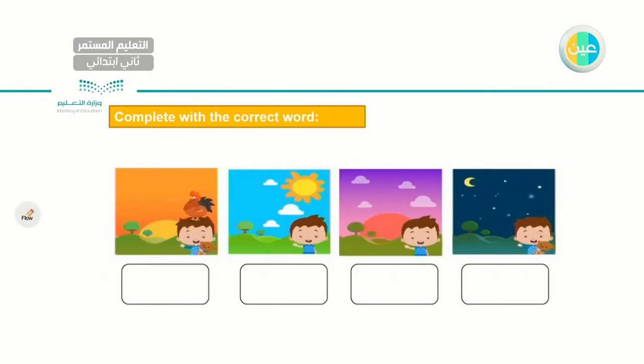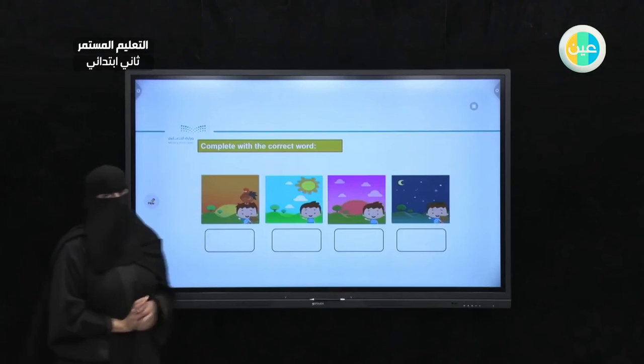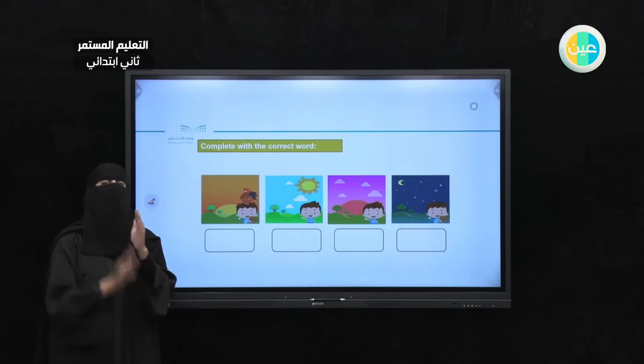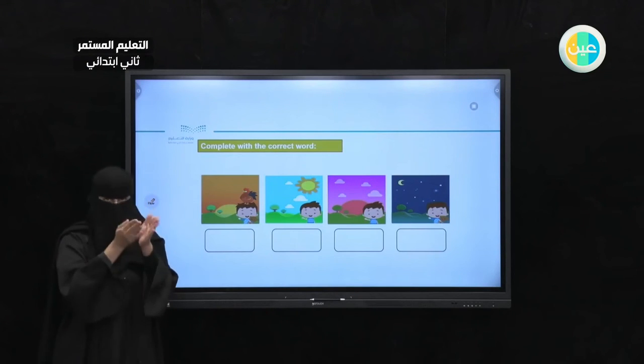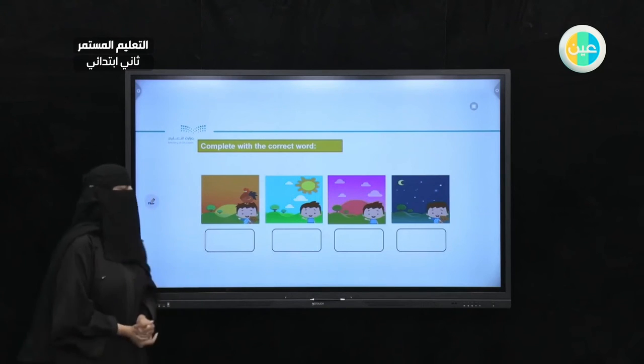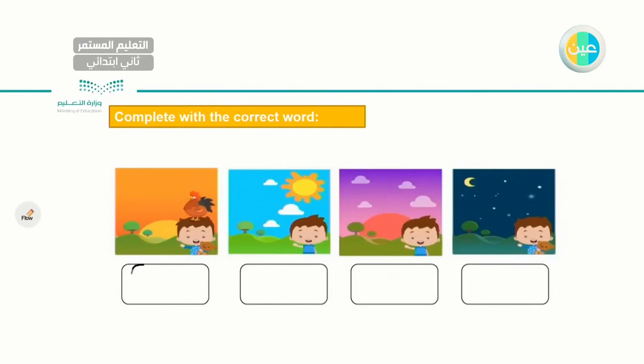Now, complete with the correct words. So I have different pictures, 4 pictures actually. I need to complete them with the correct greeting words. Remember, I have 4. Good morning, good afternoon, good evening, and good night. Let's start with the first one. I have good morning. Very good. Good morning. Next one I have is, that's right, good afternoon.